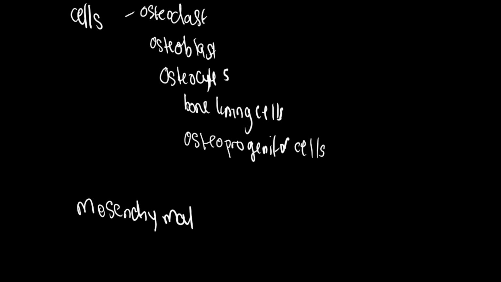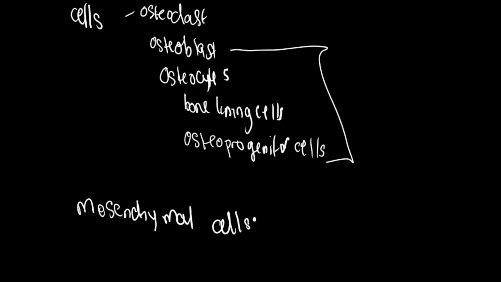Now all of the cells that we have listed, starting from the osteoblast to the osteoprogenitor cells, originate from the embryonic connective tissue cells, aka mesenchymal cells. And of course, we know that cells are the basic structural and functional unit of life. Now, the presence of cells in this bone is actually what makes it a living tissue.